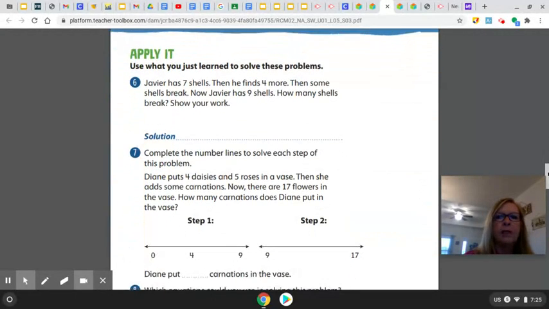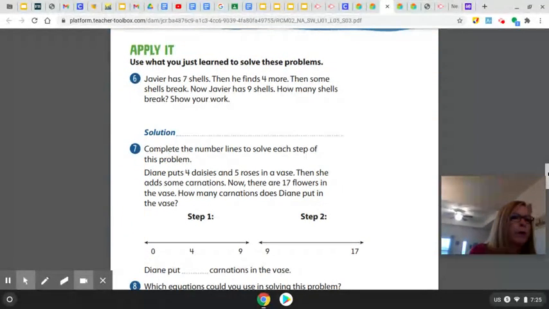Our next step is you get to actually apply what we talked about. So this is where you get to do this on your own. I am just going to read these to you because I want to see what you come up with. Javier has 7 shells. Then he finds 4 more. Then some shells break. Now he has 9 shells. How many shells break? So again, think about your first step.